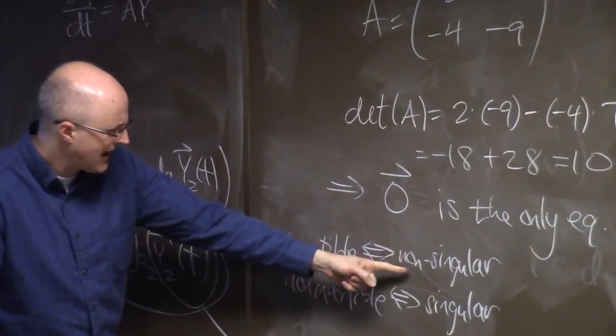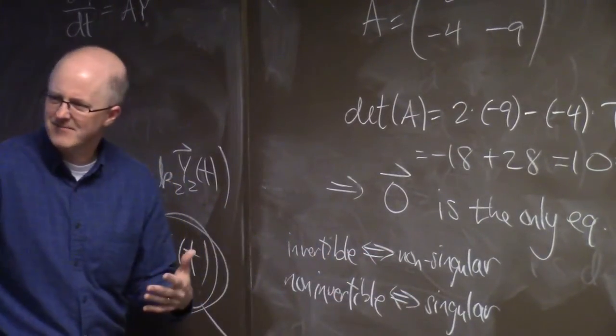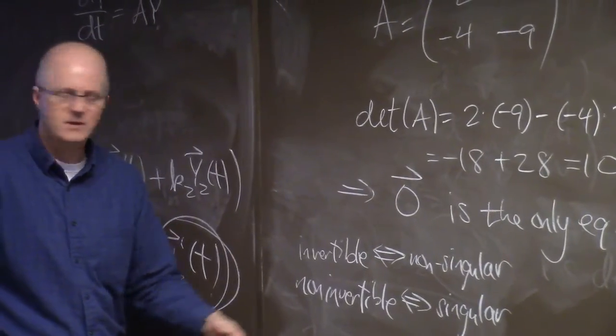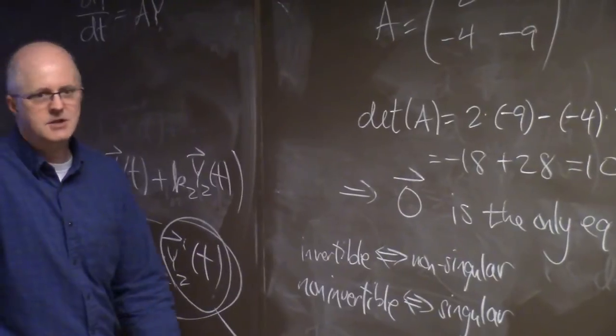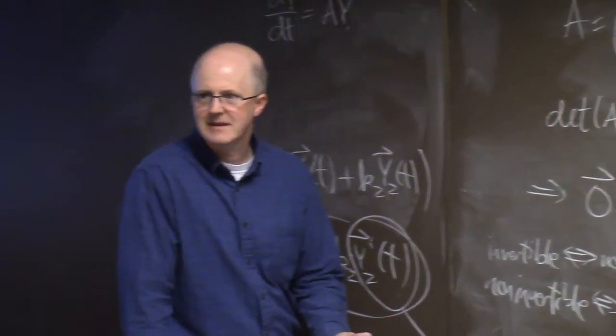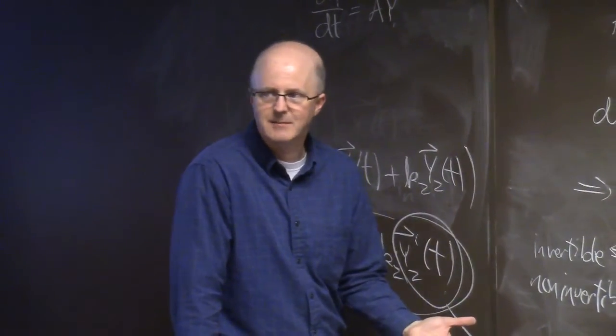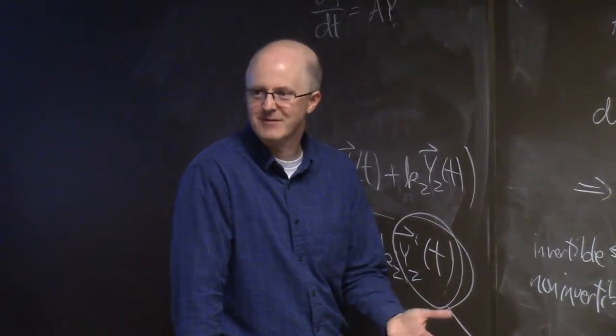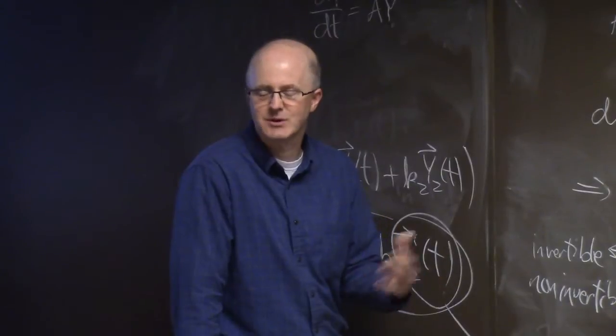Why the terminology in that way? Not singular is kind of like a rare type of thing, in a sense. That's the origin of the word singular here. And the determinant of a random matrix is generically not going to be 0. It would be very unlucky if you got a determinant of 0 if the coefficients in the matrix were truly random.